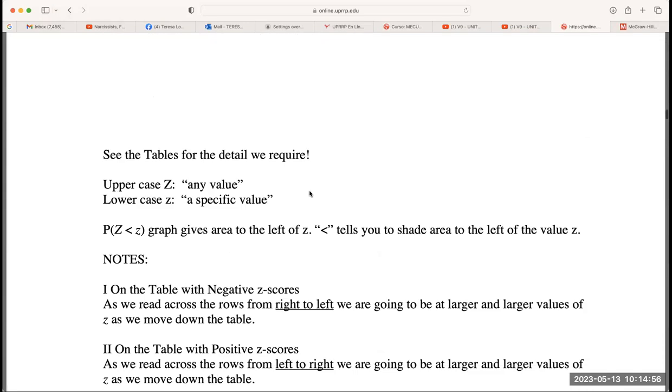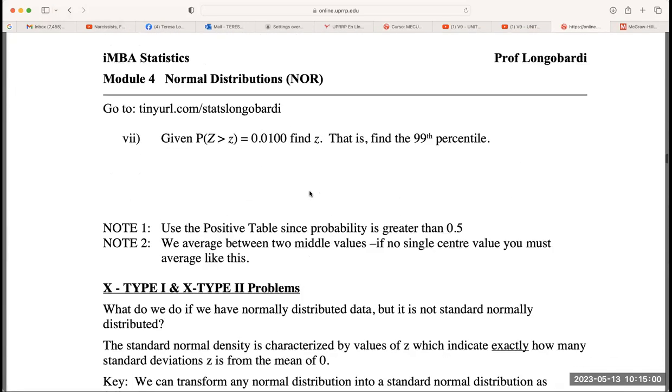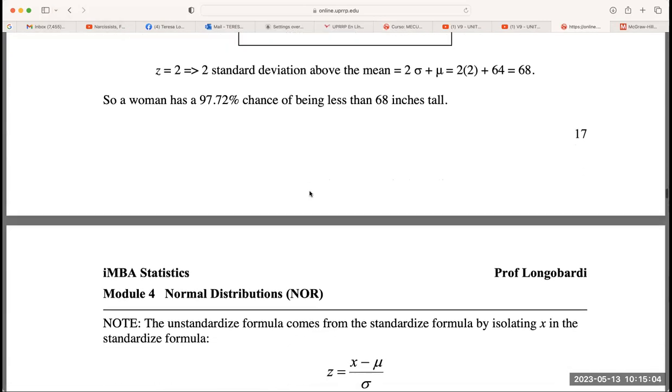So you're going to work on that with all the instructions I give. And I'm going to start on slide 19.